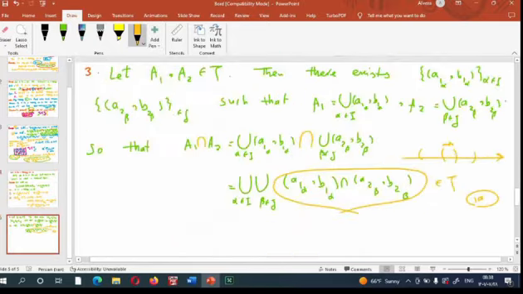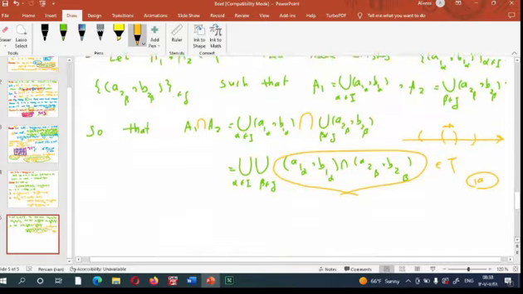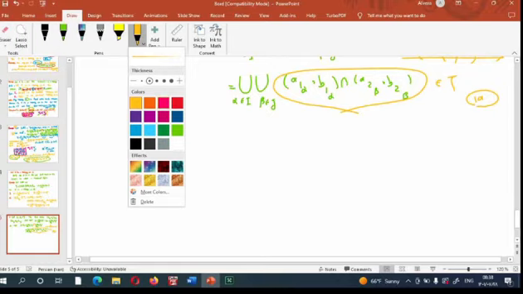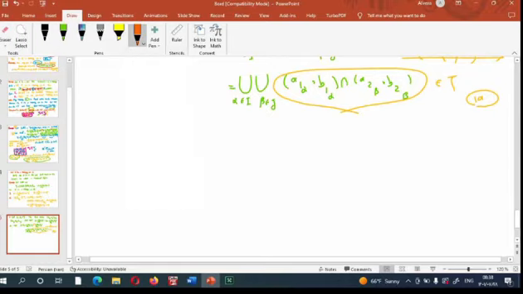And similarly, you can consider this example.